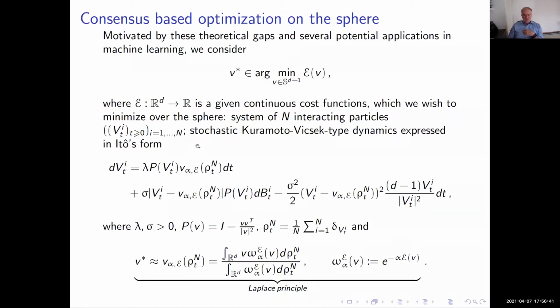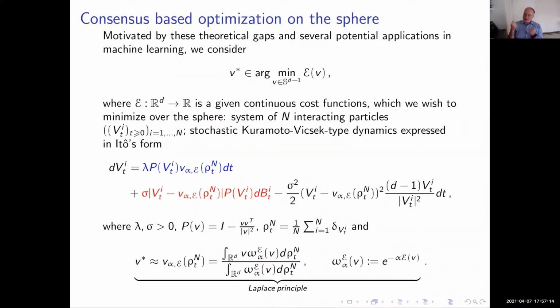The particles are shifting in the velocity in that way, and this is a drift that is fully deterministic. The second term that appears in this stochastic differential equation is the projection of the embedding Brownian motion. So it's a Brownian motion in R^d, that is the embedding space, that is projected onto the tangent space. And its strength depends on whether this particle is already very close to the consensus point.